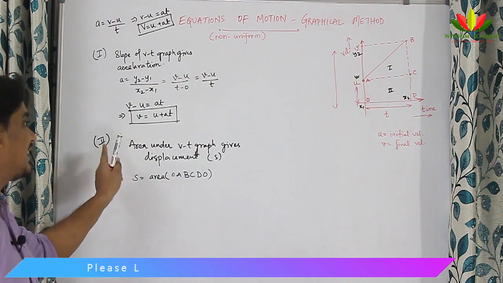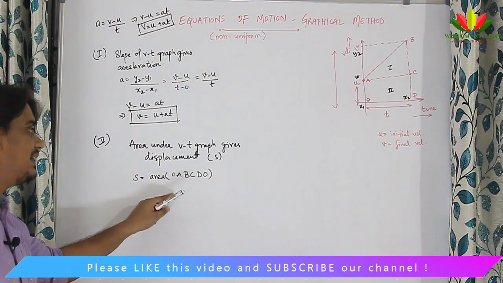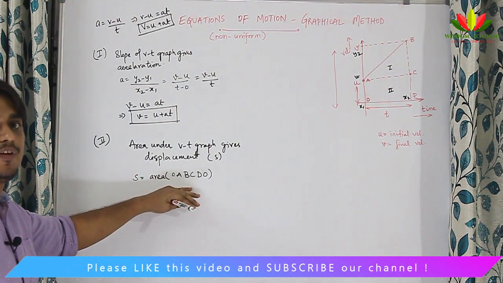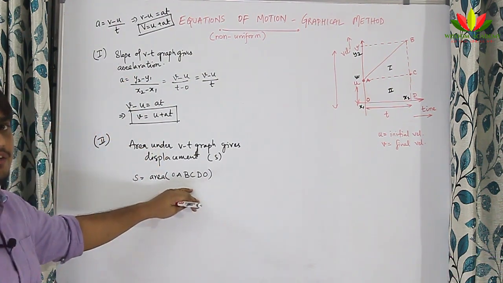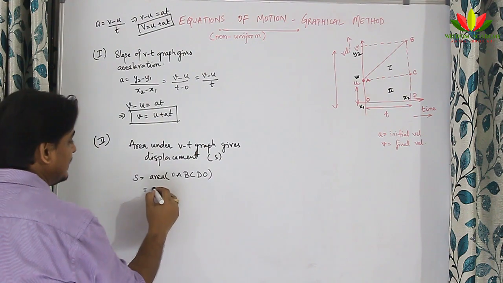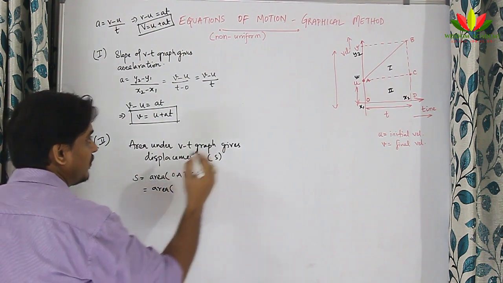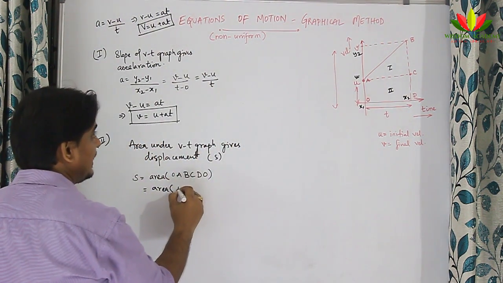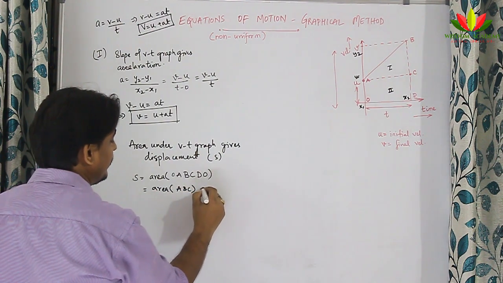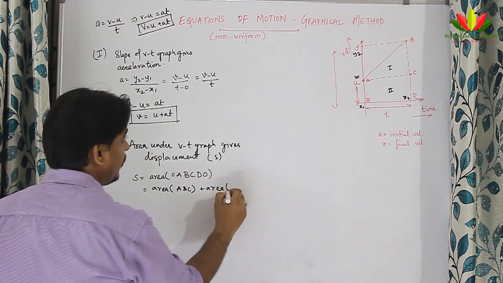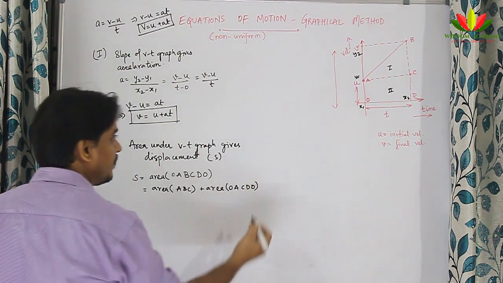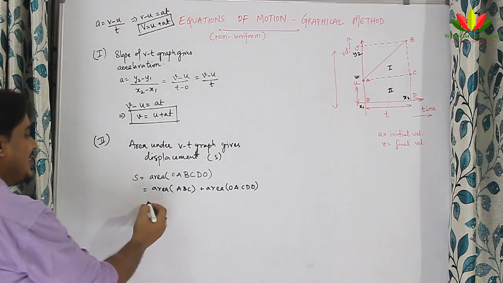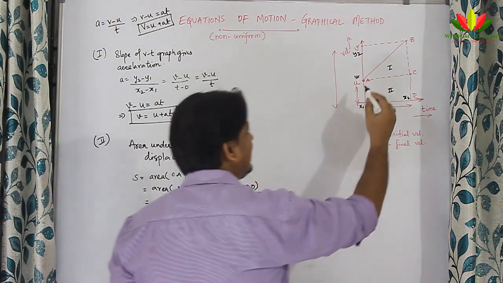So for finding the second equation of motion, remember that this area under the graph has to be broken down into two components: the area of the triangle and the area of the rectangle. So I am writing here the area of this triangle, that is ABC, plus the area of the rectangle, that is OACDO.